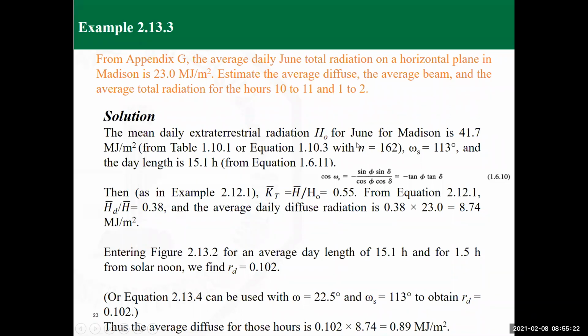N here is the middle day of June, and according to table 161, the middle day of June is specified as 11th of June. So 11th of June has been considered. And for 11th of June, small n is equal to 162. The small n, again, I would remind you, starts with 1 at January 1st, and it ends with 365 at December 31.